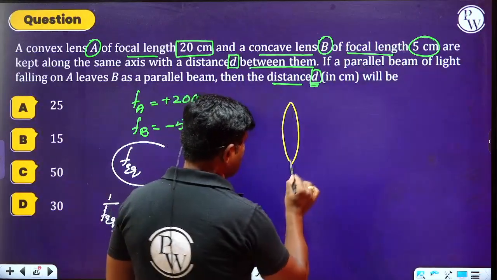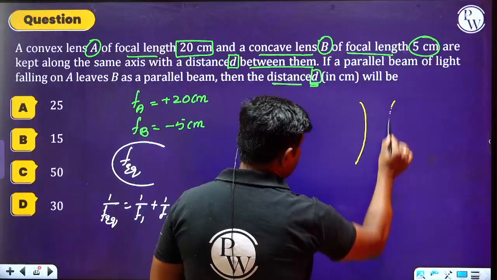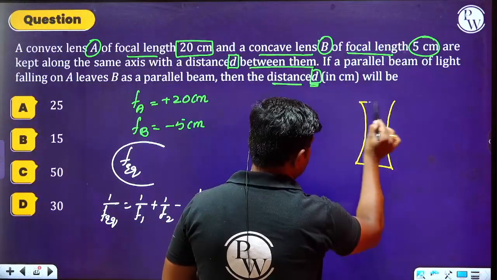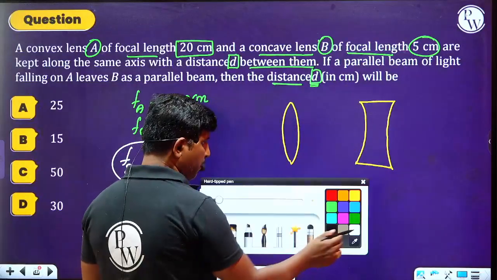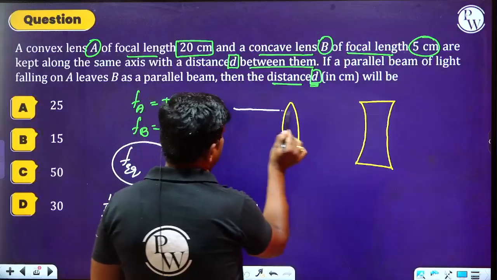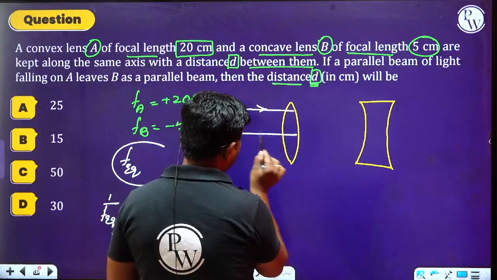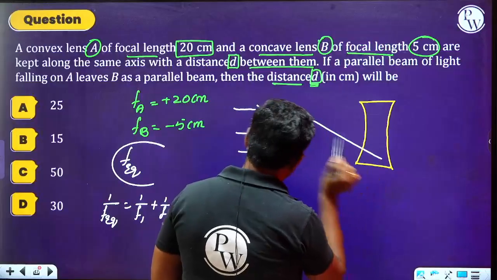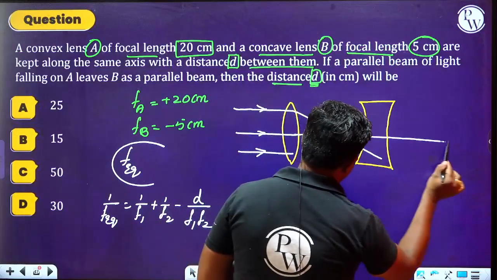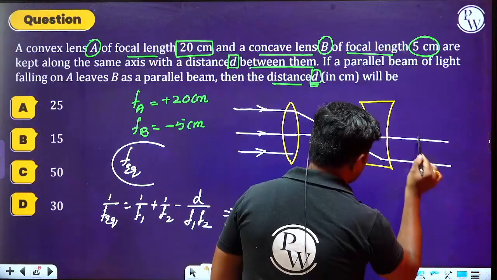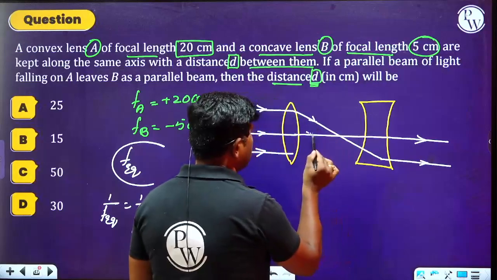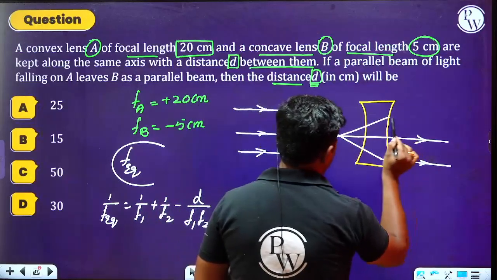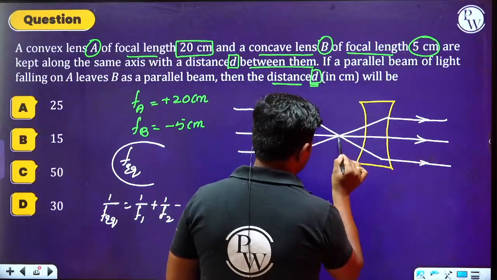This is a convex lens and this is a concave lens. A parallel beam of light is made to incident. Any confusion, you can comment so that I will explain to you. Is it clear?